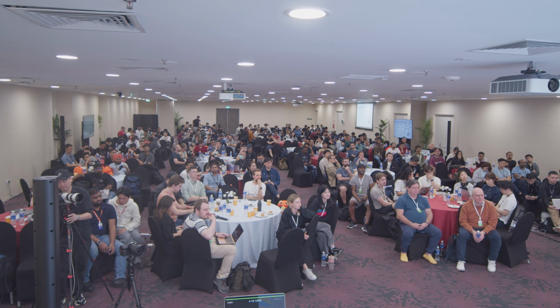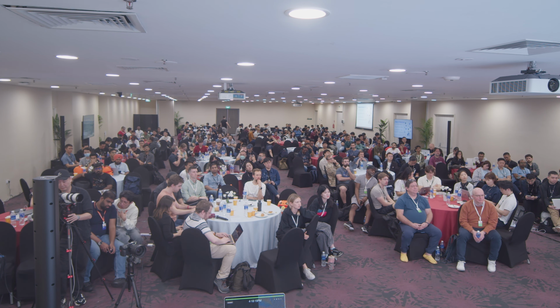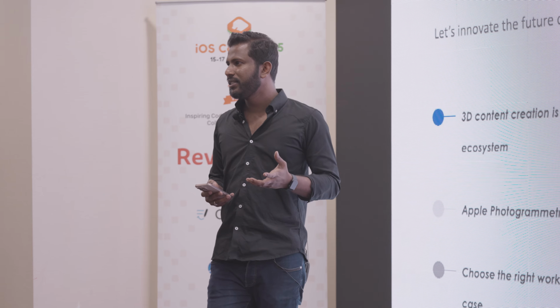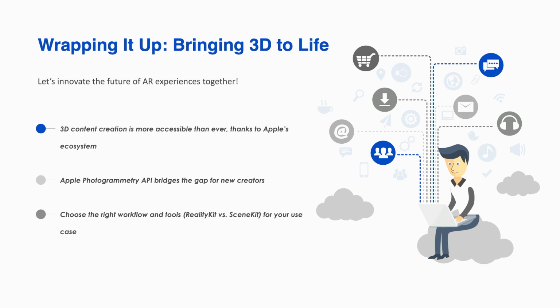So first, let's quickly recap. You need to create the 3D object, either using photogrammetry or the object capture API. Then you need to reshape it through the 3D software, right? And also you need to map the textures, find the right textures and embed them into the object. Then you need to export it and convert it to USDC.